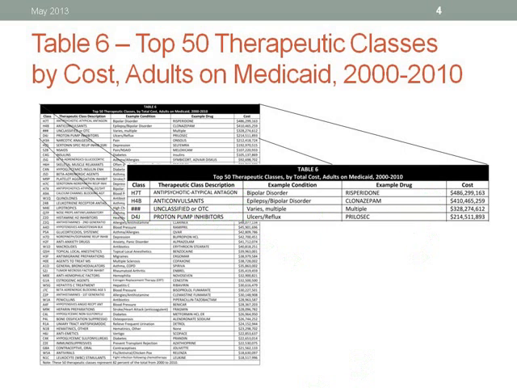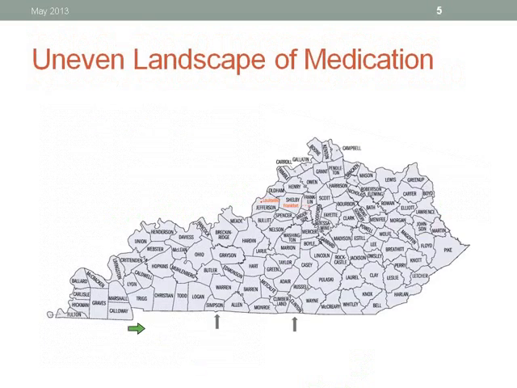Now, go to the next slide here. There's an interesting story, I think, to tell about this. So this is just focusing on the proton pump inhibitors. These 2 counties, Clinton County and Simpson County, both located along Kentucky's southern border, along the Tennessee border, are separated by just 65 miles.